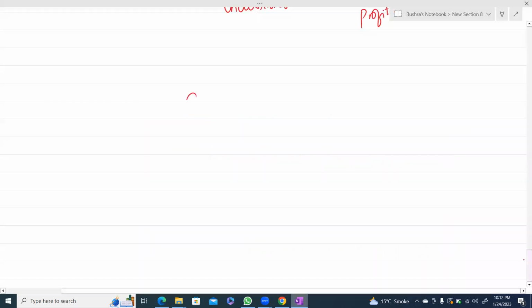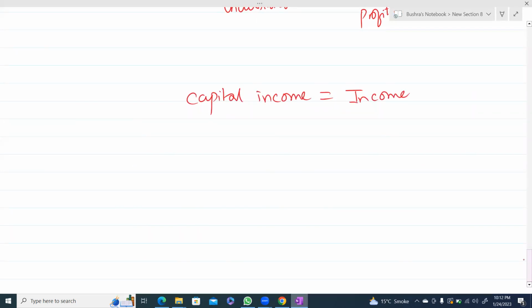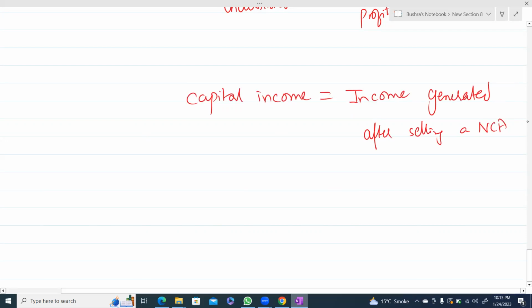There's a capital income and there's revenue income. Capital income is basically income generated after selling a non-current asset. When you sell a non-current asset, the income that you are generating is your capital income.